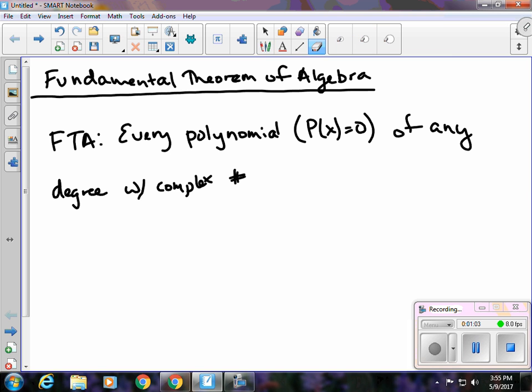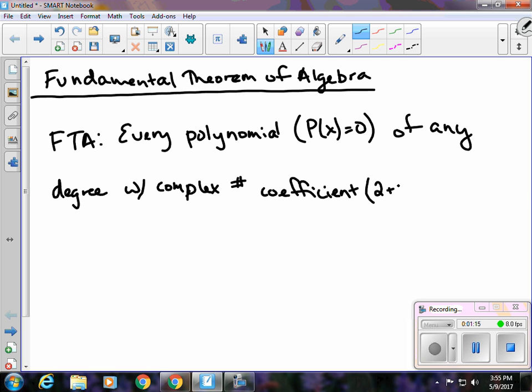So remember, a complex number is with an i or not an i. So it could be in the form of 2 plus 0i. That would cancel out the i, so you'd be left with 2.